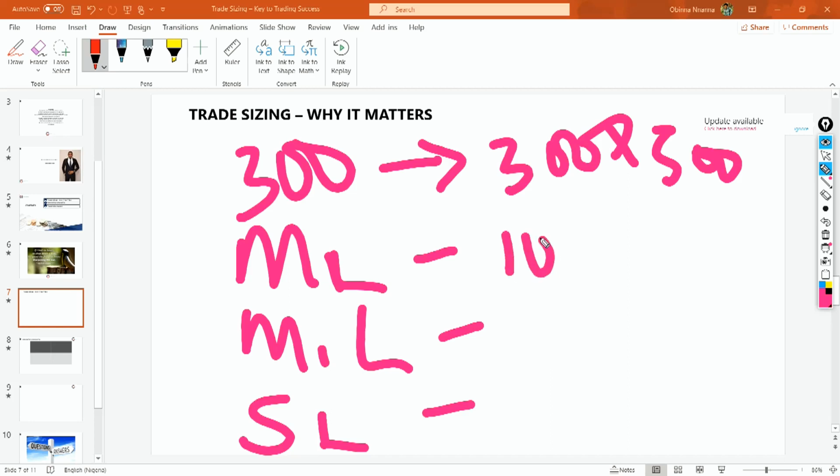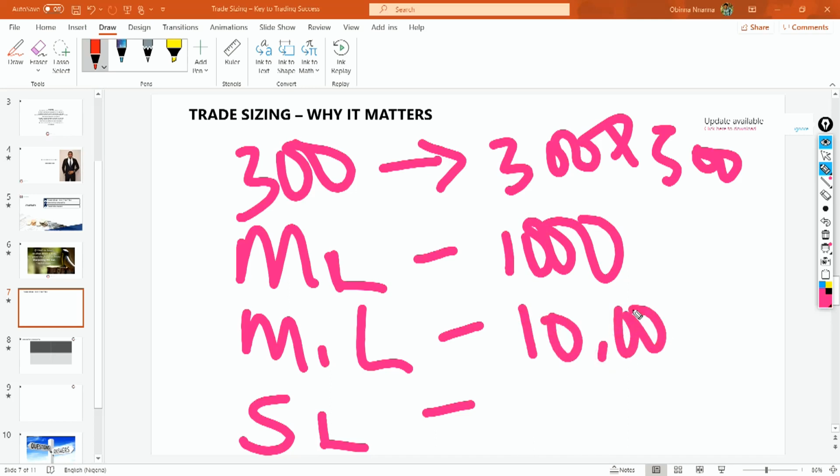On the mini lot, you control 10,000 units. On the standard lot, you control 100,000 units. Now, that is the reason why your micro lot is worth 10 cents per pip, your mini lot is worth $1 per pip, and your standard lot is worth $10 per pip.